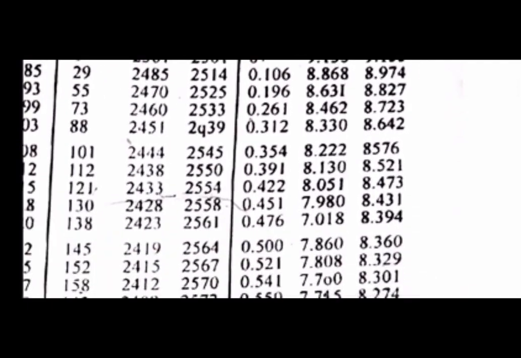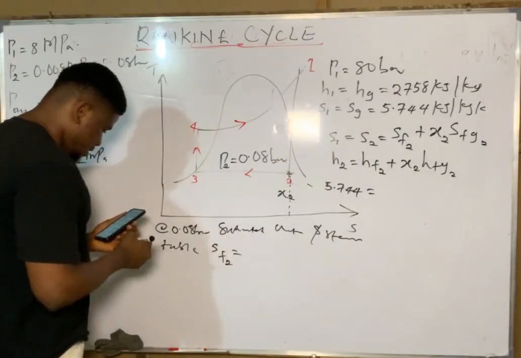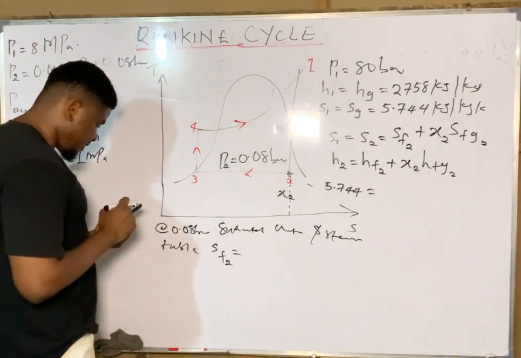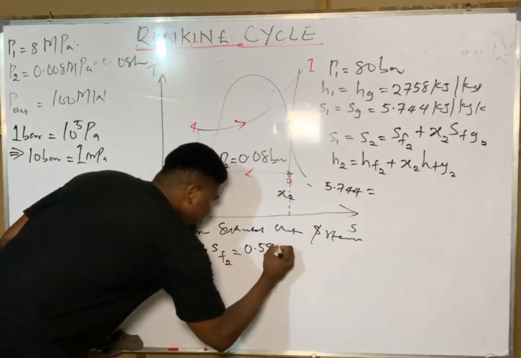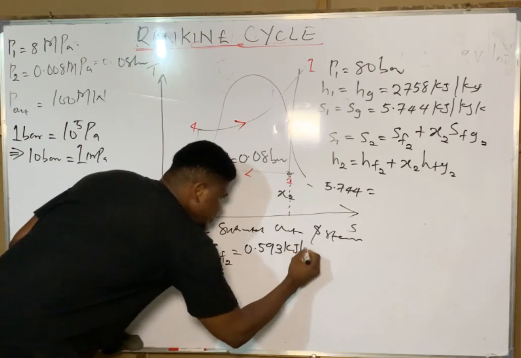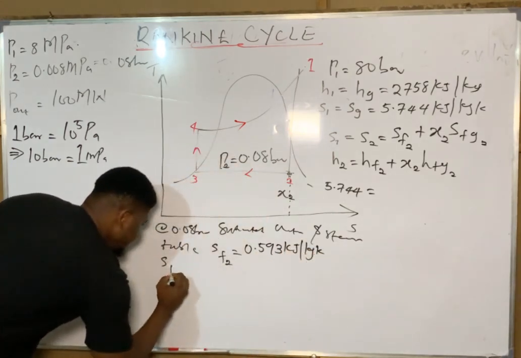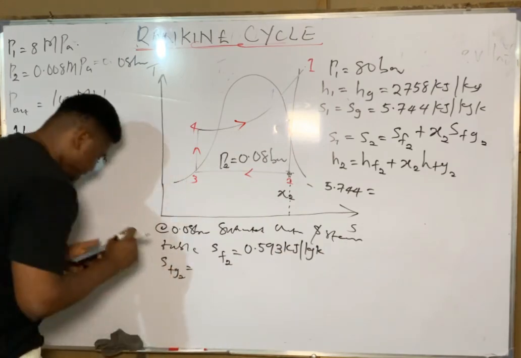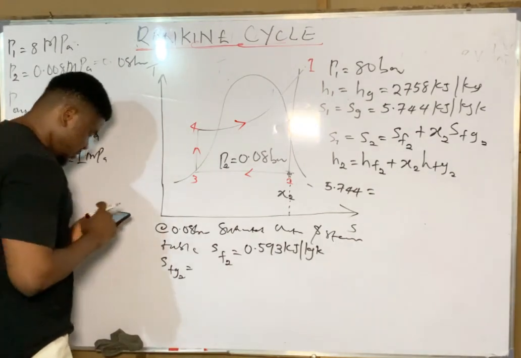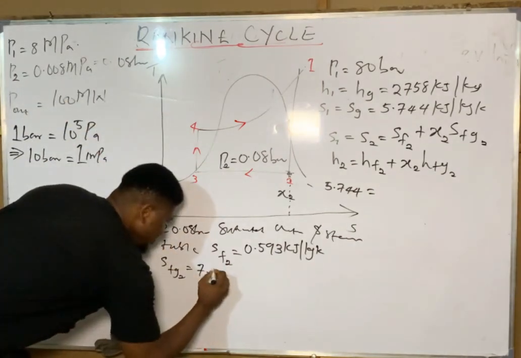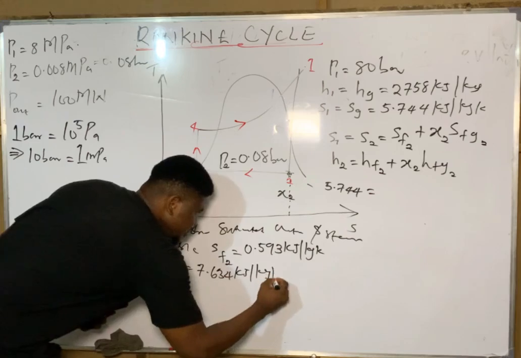Okay, so let's fall back to the calculation now. Corresponding to 0.08 bar, SF is 0.593 kilojoules per kilogram Kelvin. Then SFG2, we find SFG as well. That's 7.634 kilojoules per kilogram Kelvin.